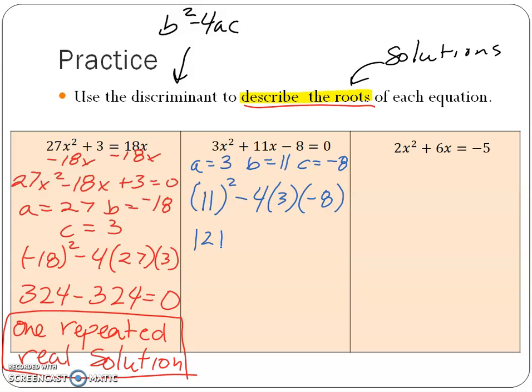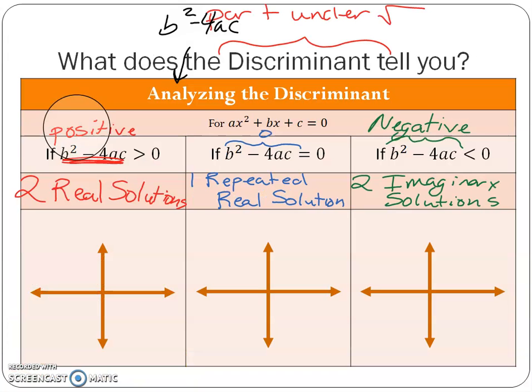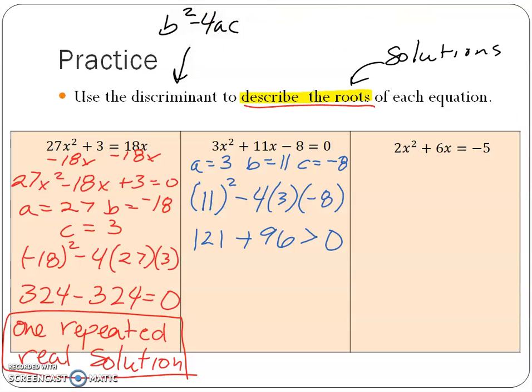Negative 12 times negative 8 gives me a positive 96. Well, 121 plus 96 is definitely greater than 0. So if I find that my discriminant is greater than 0, meaning it's a positive number, that's going to give me 2 real solutions. So my answer for my middle one here is 2 real solutions.